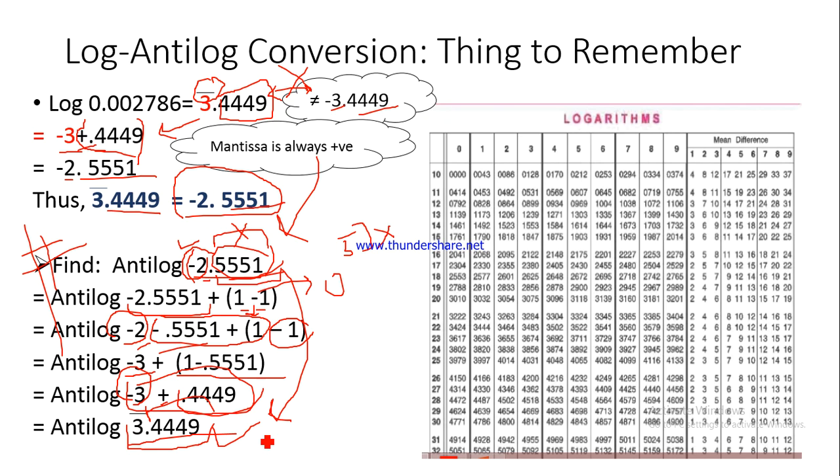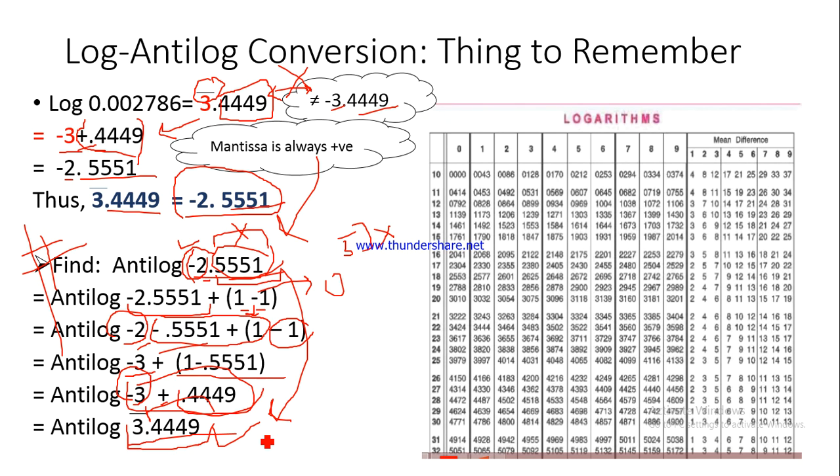Now I hope you would be able to remember this particular method, this particular process, and the logic behind the process. The logic was that mantissa cannot be negative, right? Characteristic can be positive as well as negative. So we do not have any problem with the characteristic, but the mantissa cannot be negative, and that's why we did all these calculations over here, right? So what would be your task?